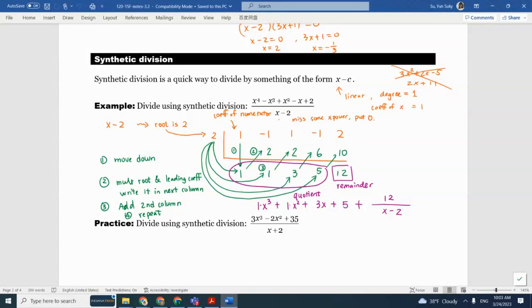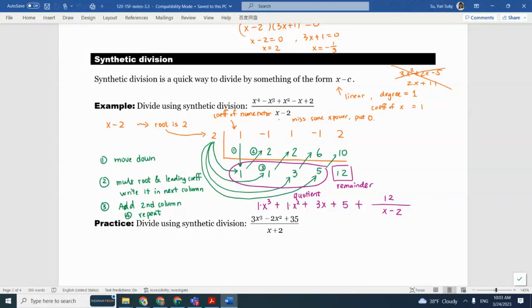And then the process is you move the first number down, and then you multiply with the root and write it in the next column. And then you add those two numbers in that column, multiply by the root, and put it in the next column. So you repeat this process until you get to the end.